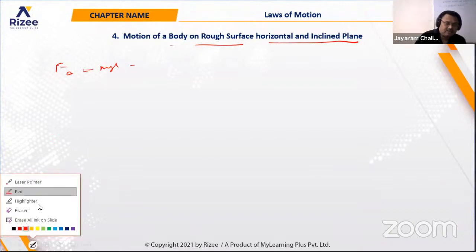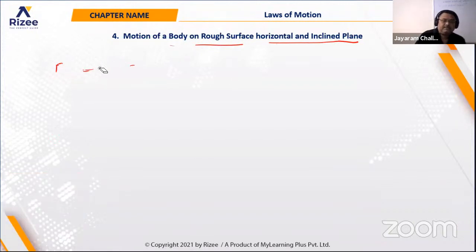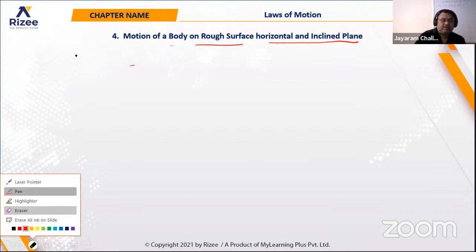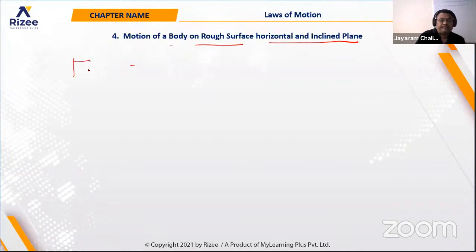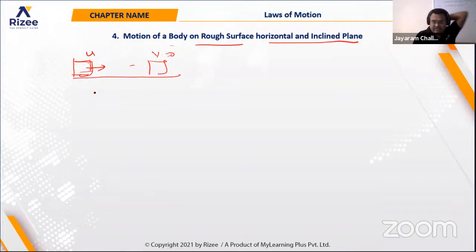Let me draw the block diagram here, please. There is a block which tends to move on a rough surface with an initial velocity u, and after traveling some distance on the rough surface, its velocity becomes zero. Why is the velocity becoming zero?